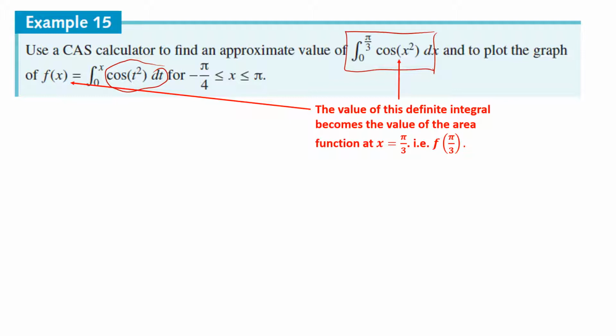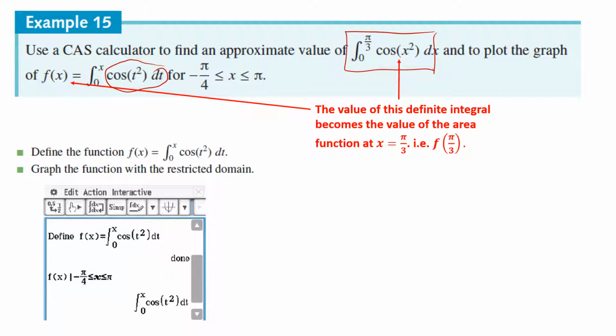So that's what f of pi on 3 represents, the area under the cos x squared graph from 0 to pi on 3. If we're asked to actually get the calculator to redefine it, it can't, because there is no natural description. The area function can't be simplified to something nice and neat, so it keeps that definite integral expression.